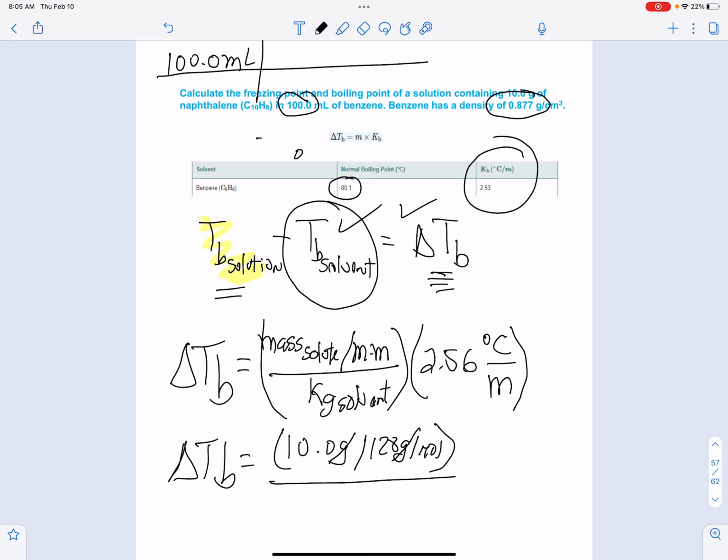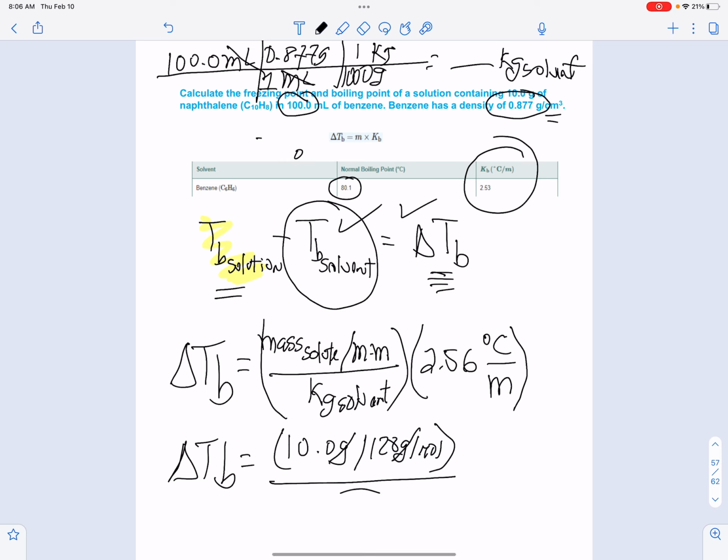Cubic centimeters is the same as milliliters, right? Times 0.877 grams. So that will give me the grams of the solvent, but I do not want grams. I want kilograms, right? So 1 kilogram equals 1,000 grams. And that will give me my kilograms of the solvent.